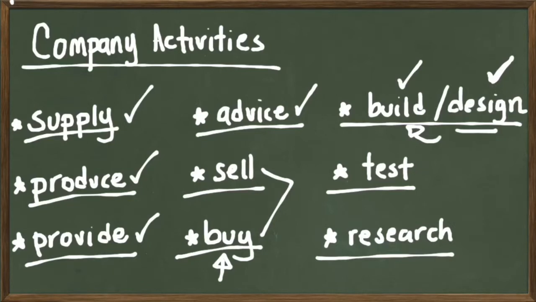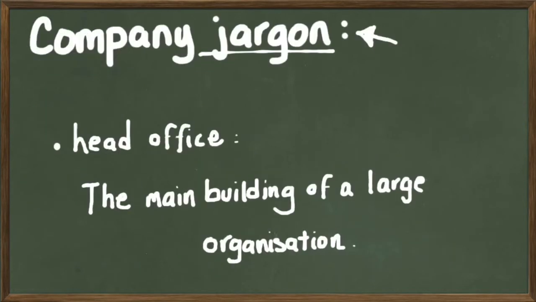And test refers to making exams or proving that something works, checking the quality, checking the reliability, etc. And research refers to investigation. People investigate about products, the quality, and etc.